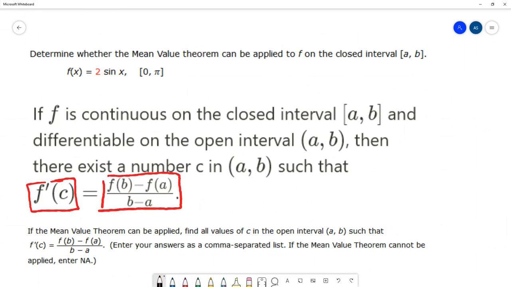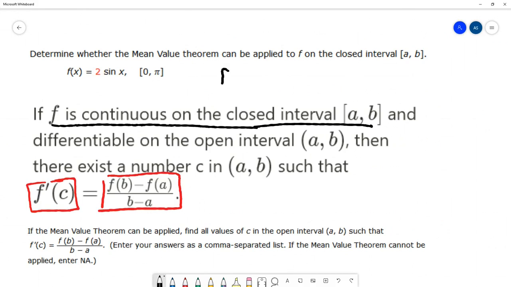So in order to determine whether mean value theorem can be applied, we need these two conditions. We need the function to be continuous, and continuous specifically on that interval. Our function 2 sine x is a function that is continuous over the whole real numbers, so it's certainly continuous on the interval from 0 to pi.